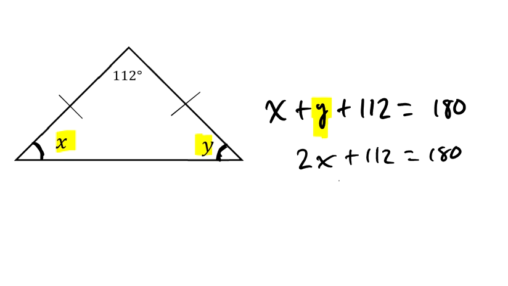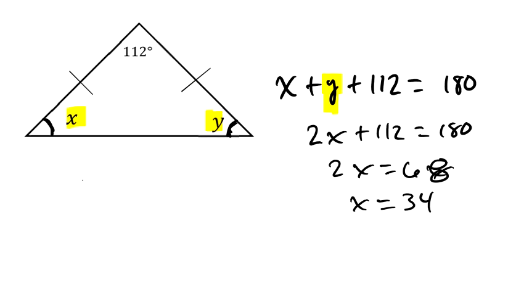If I take away 112 from both sides, we get 68. So 2x is 68, therefore x would be 34. And if x is 34, y is 34. So both x and y are the number 34.